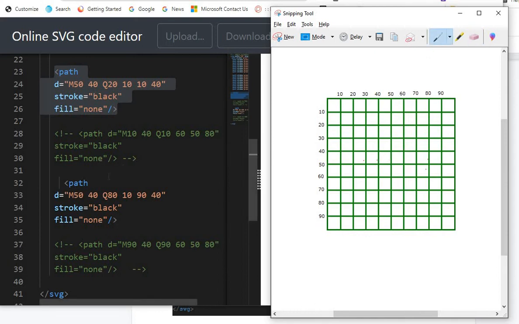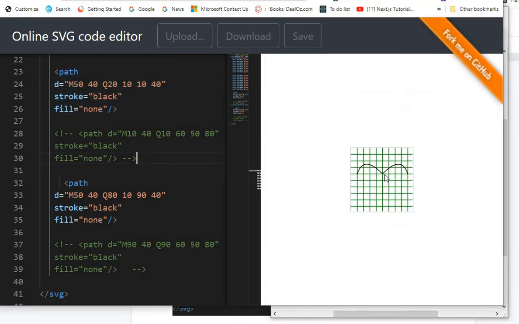I'm talking about the second path element, which is here, and the ending point is at 90 and 40, which is this point. Draw a straight line here, and the control point is at 80 and 10, which is around here. Now imagine you have the pulling force from this point, so it would have a curve something like this. So this is why you have a curve like this.